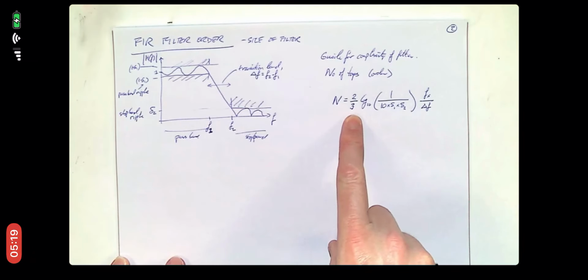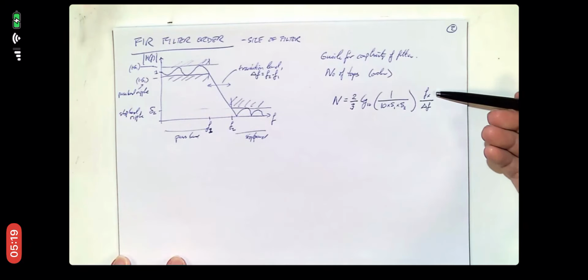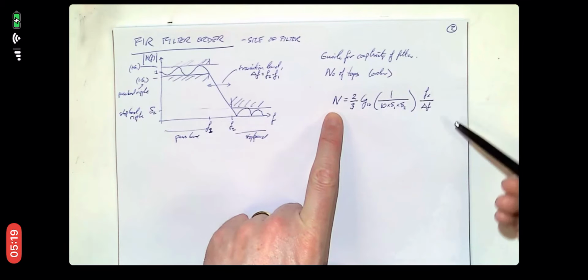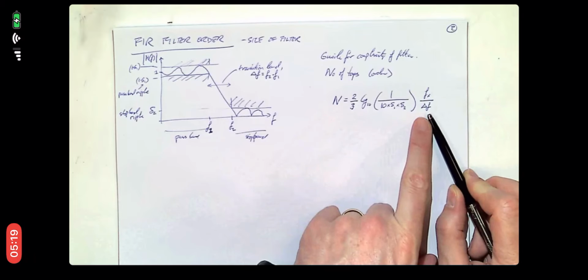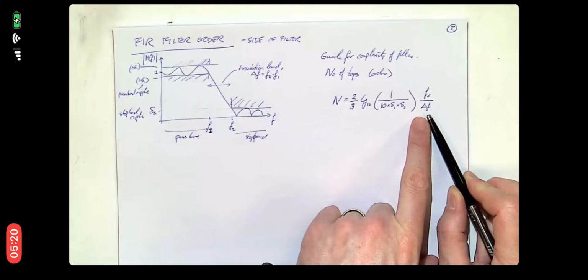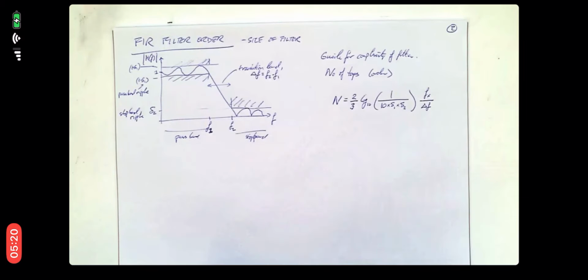Ignoring the constant, what this says is that the higher the sample rate Fs, the higher the number n that we're going to need in terms of the order of the filter. Also, the shorter the transition band, delta F, the larger our order has got to be. That makes sense.